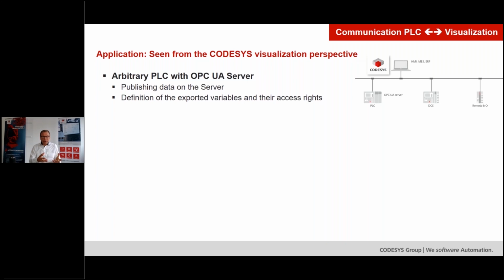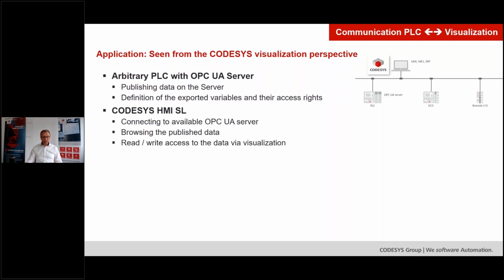And we need these definitions of the exported variables and their access rights, as we just did it with the CODESYS PLC. And we need, on the other hand, a visualization that is able to act as an OPC UA client. And the CODESYS HMI SL, thus the PC-based visualization, is now able to do so as of Service Pack 17. And I want to show you that again in a live mode.